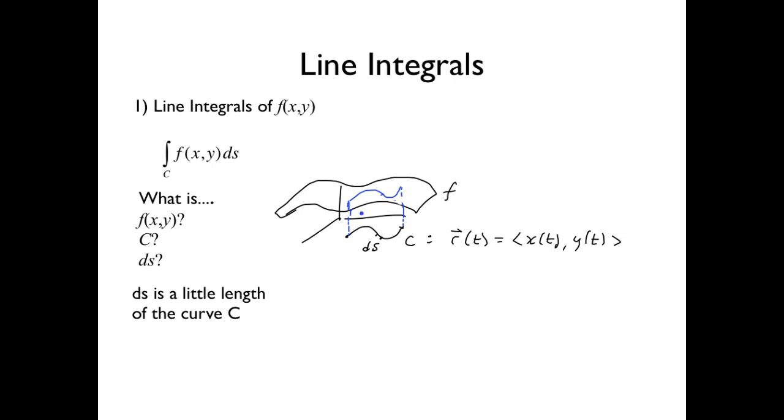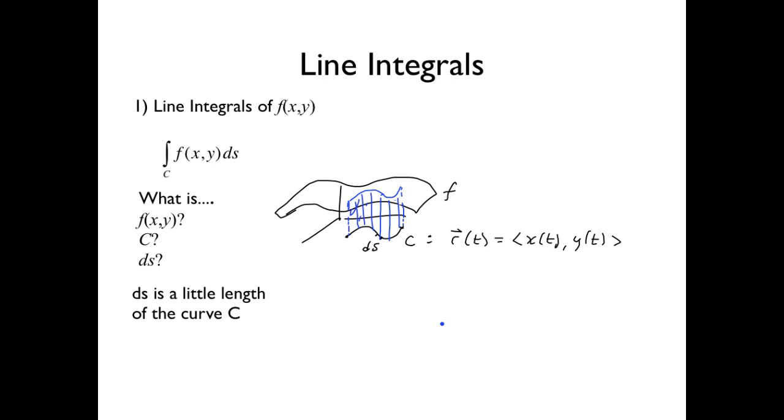Signed because if f ever goes below, like we've always said, you're going to get a negative contribution to the integral. So imagine like a wavy curtain there, determined by C, and whose height is f, determined by C.